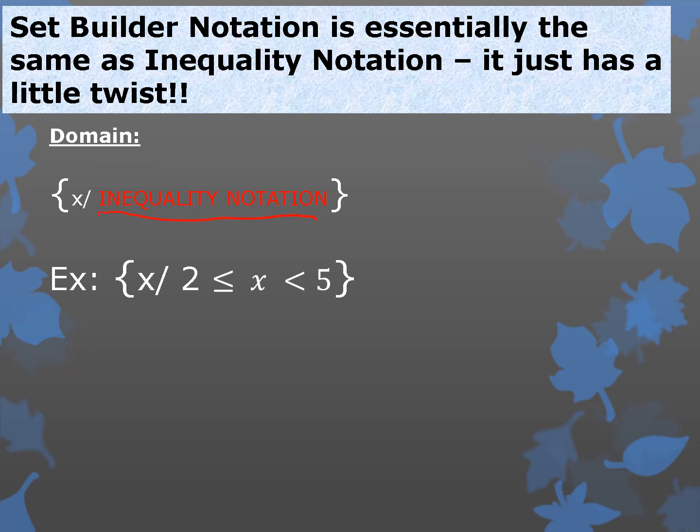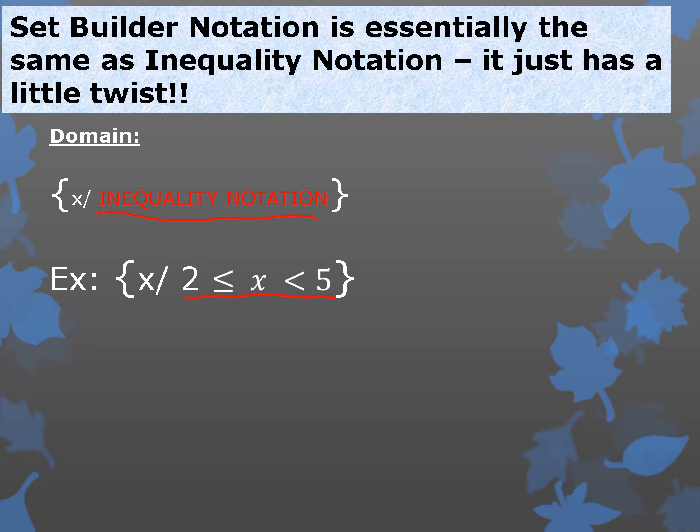So you're going to do birdie brace, X slash, inequality notation, close those birdie braces. I've given you an example below to show you. So here would be your inequality notation. And again, you put X slash because domain is X's.